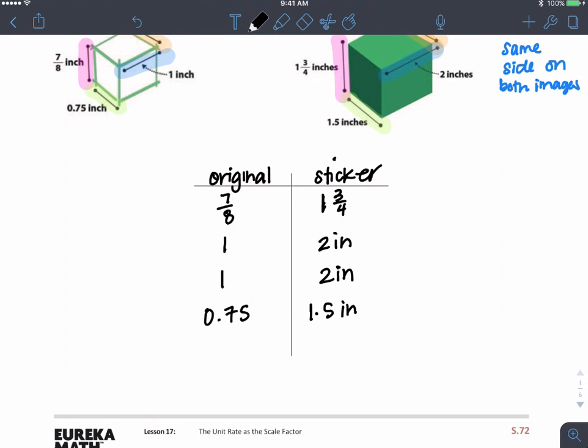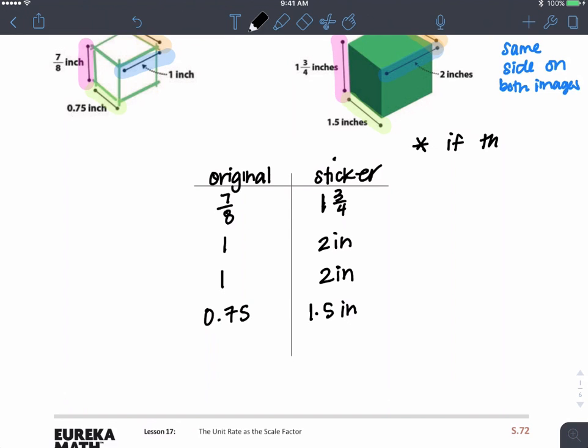Anytime that we're working with this, of course, you want to see, are these proportional? If the k values for all of our values are the same, then we have a proportional scale drawing, or a true scale drawing. Let me write that out.